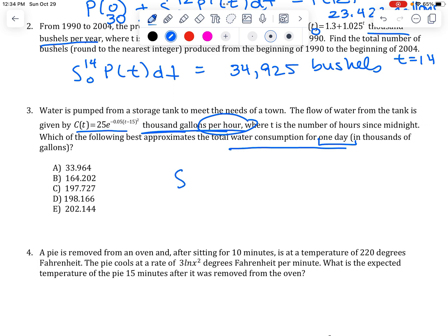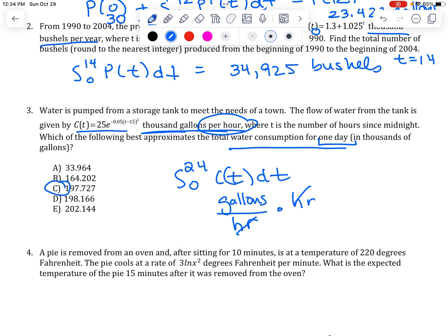So in that interval of 1 day, that would be 0 to 24 hours. This is my rate, gallons per hour. I want total gallons, so this is adding up all the gallons of water in that 24-hour time period. Use your calculator to do the integration, and this is what you should get.